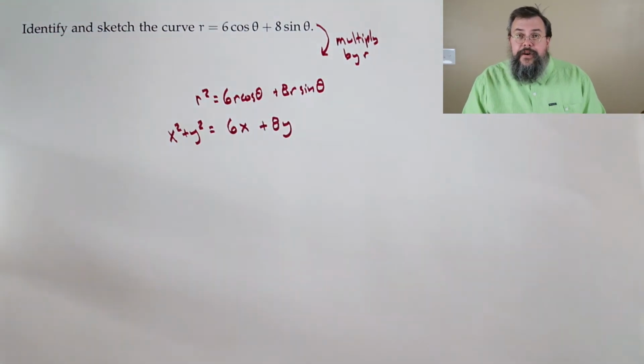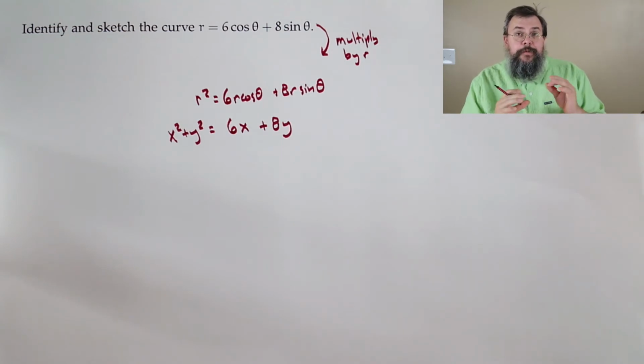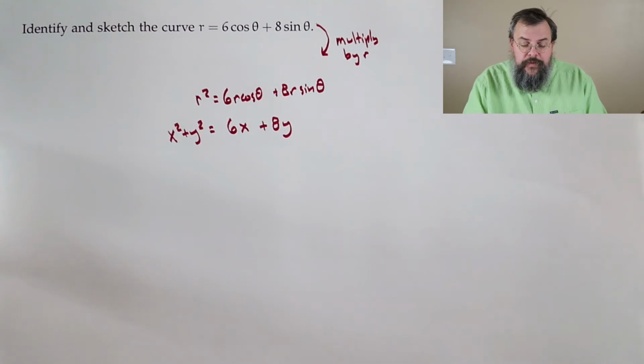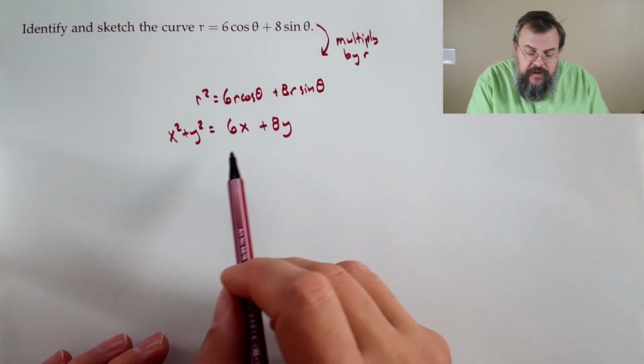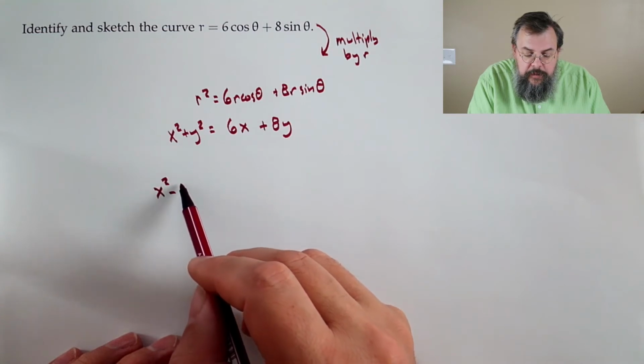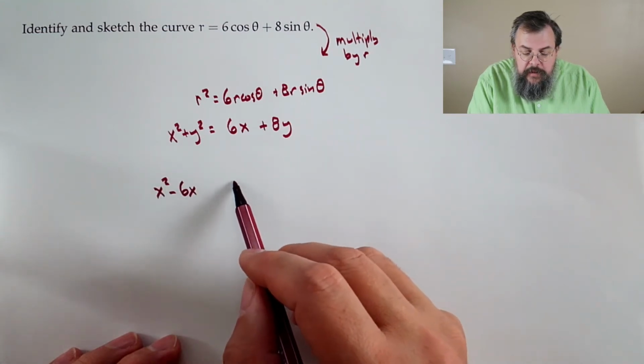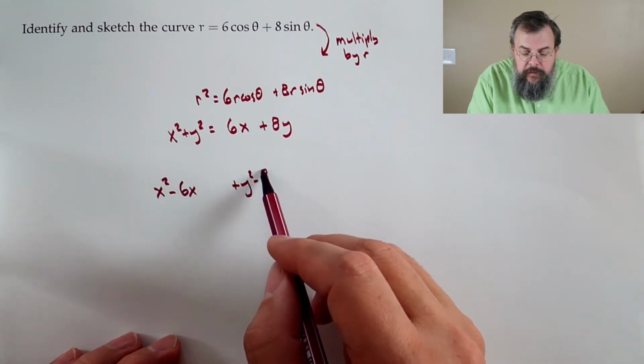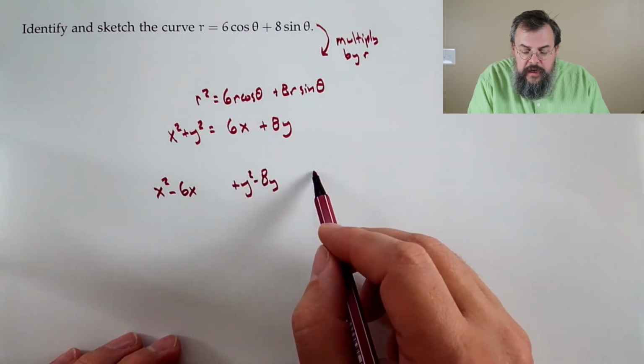And now we're like, okay, I think I see what's happening. When we see an x squared and y squared together, we oftentimes think circle. So we're probably thinking this could be a circle. Well, we've got to put the 6x and 8y over here. So let's see, x squared minus 6x plus y squared minus 8y equals 0.